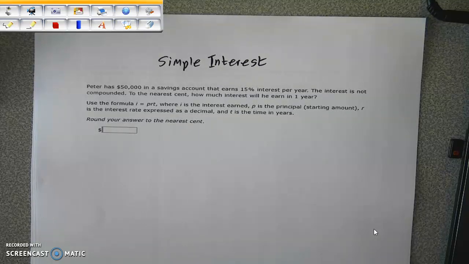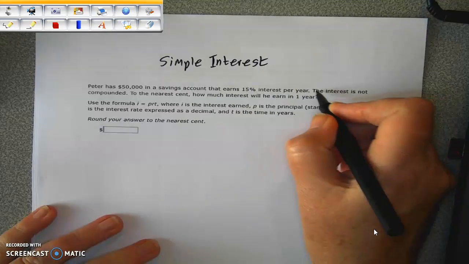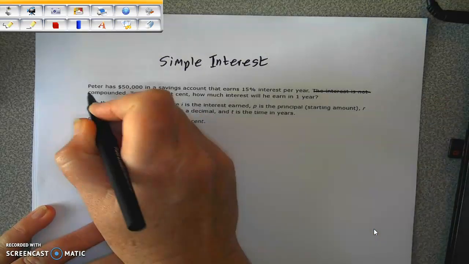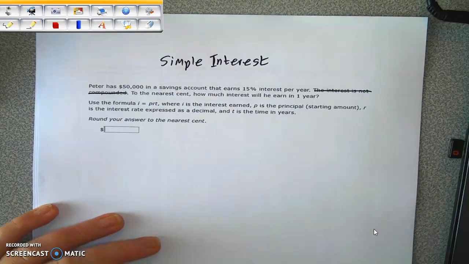The second year, they're still going to use the 50,000, assuming he hasn't taken anything out, to calculate the 15%. That's what they mean when they say it's not compounded. Let me show you some examples. Try not to get too distracted by this. The interest is not compounded. We will talk about it again in a moment.